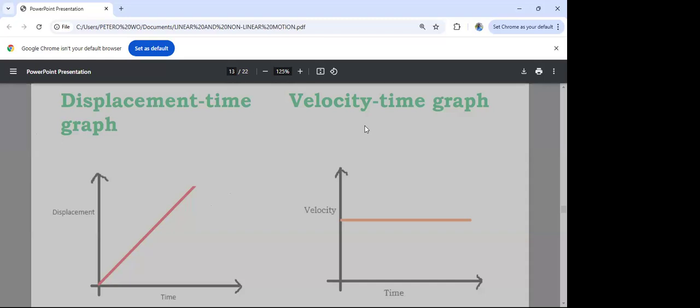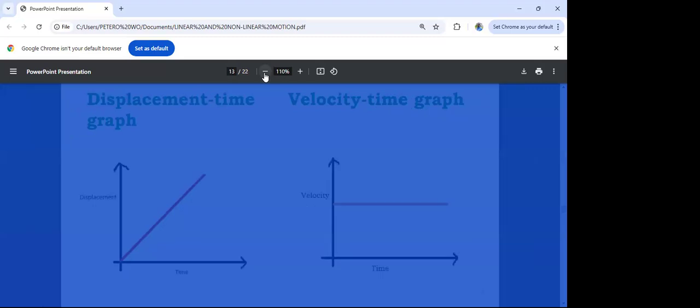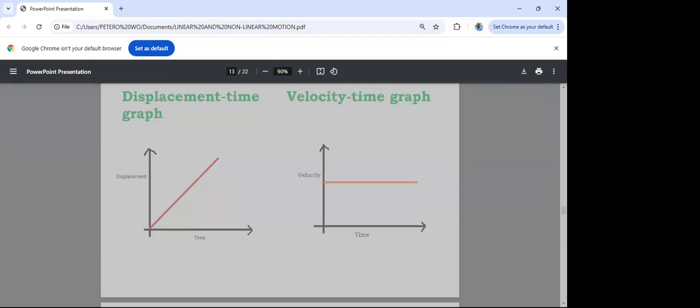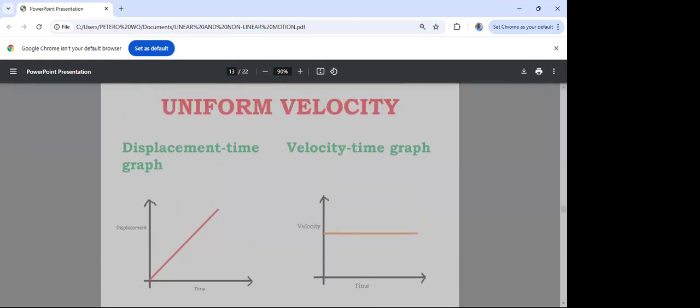The reason why we have a displacement time graph which looks like this, I've told you that these graphs are for uniform velocity.